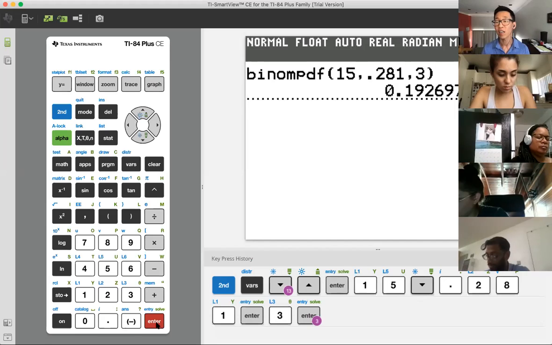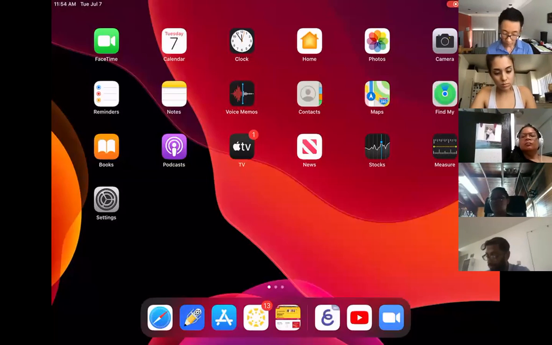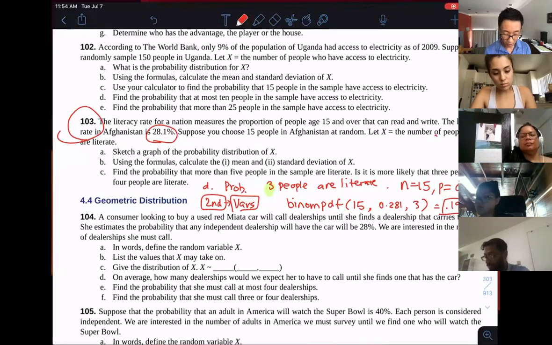And then you're going to try to count the number of people who are literate. You see that? So that'll be the same here.